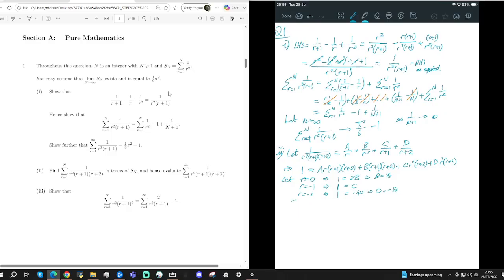Probably the best way to do that is to look at the highest power, which is the cubed term. So looking at the cubed term, there are no cubed terms on the left. There is a single a cubed plus c plus d. So therefore a has to equal -3/4. Okay.